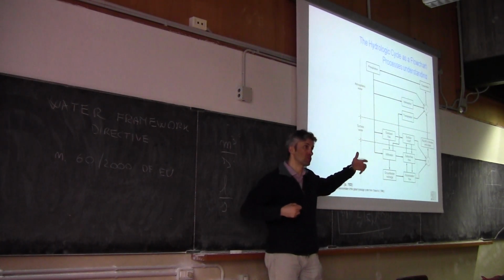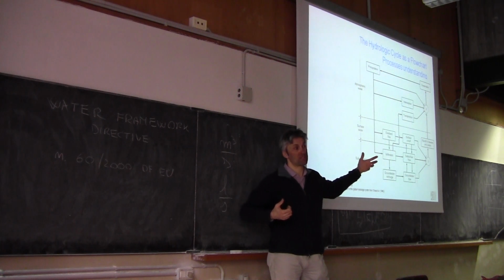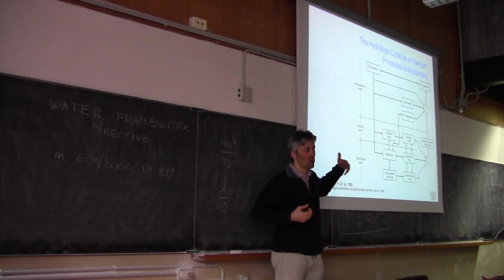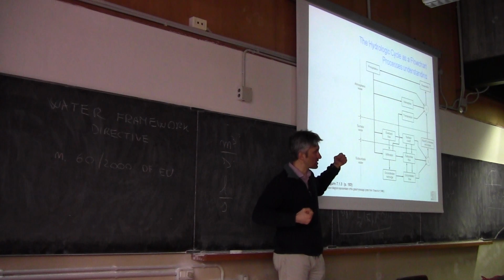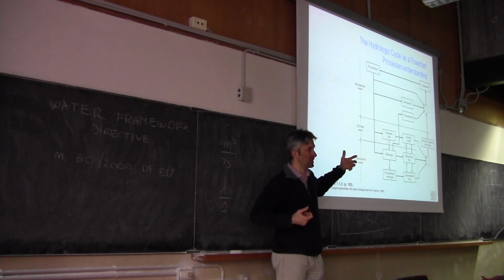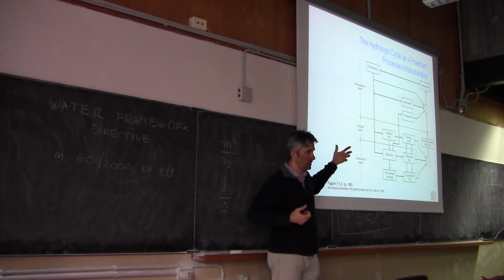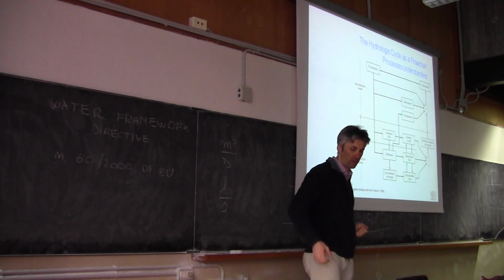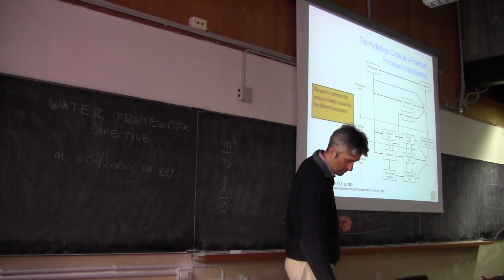Let me give an example. Conservation of mass is an organizing principle. So we have to wonder what are these principles that are valid in the hydrological cycle, in the rainfall-runoff transformation.